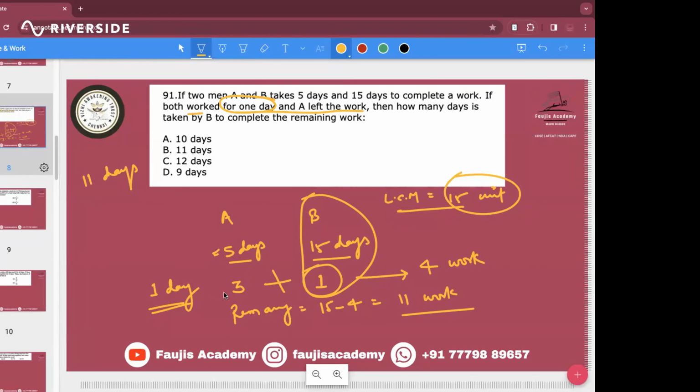In 5 days, if he is able to complete 15 units of work, then in 1 day, how much is he doing? 1 day work we are finding. It's 3. And B will be doing 1 unit of work. So they are saying both worked for 1 day together. That means A did 3 units, B did 1 unit. That means 4 units of work. Got it?